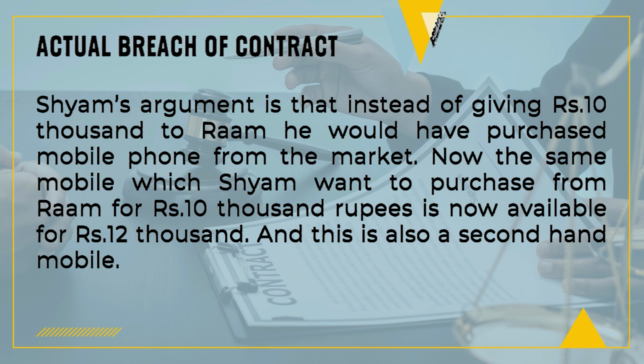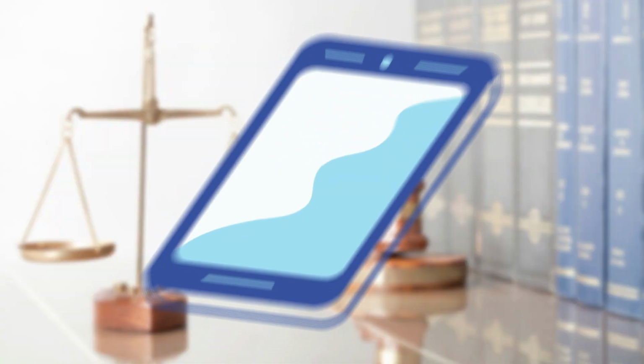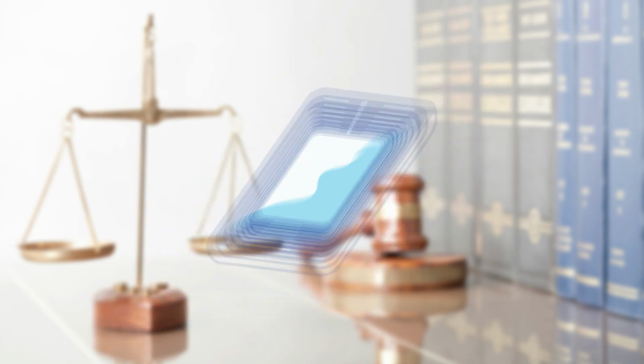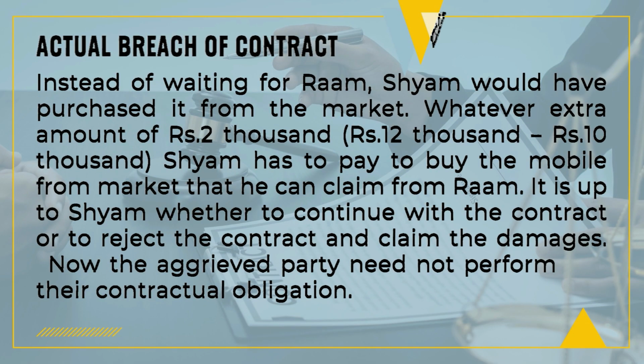Now, the same mobile which I wanted to purchase from you for 10,000 rupees is available in the market for 12,000 rupees, as a second hand mobile phone. So, instead of waiting for you, I would have purchased outside. Whatever extra amount I have to pay, 2,000 rupees, apart from your 10,000 rupees, you are supposed to pay me 12,000 rupees. You have a right either to continue with the same contract or to reject it and claim the damages.